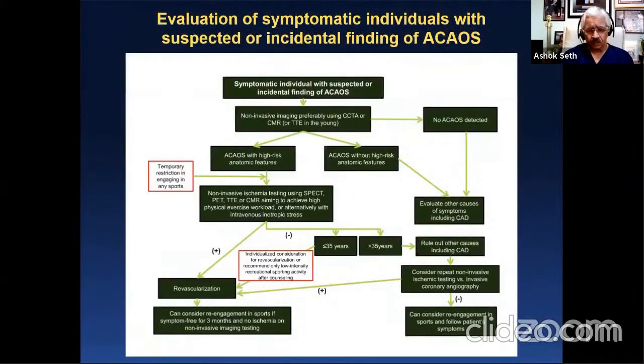Now, just because we have to deal with these patients and we are interventional cardiologists, we should also understand the responsibility which lies on us as an anomalous coronary artery is diagnosed.